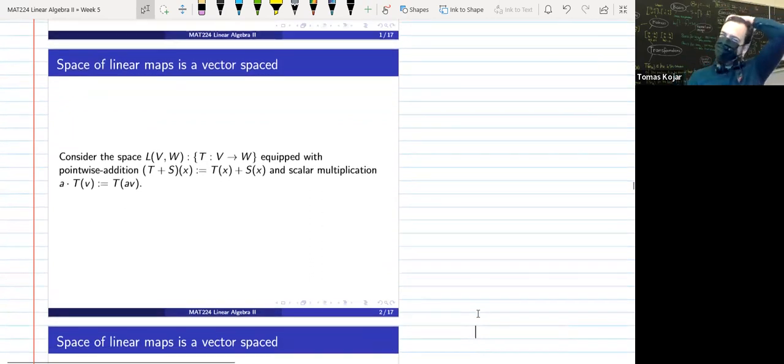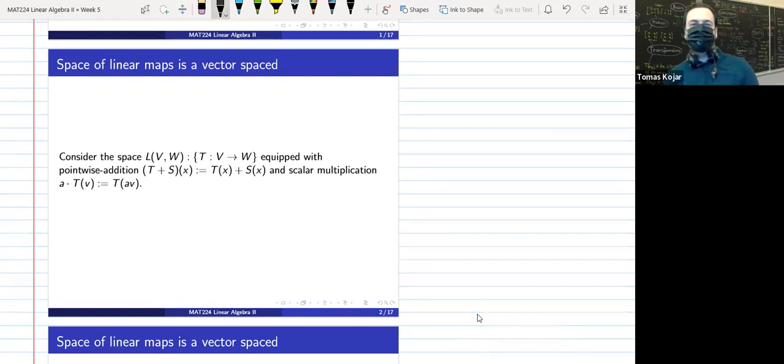Right. So to talk about inverse and compositions, we need to talk about the space of linear maps. We've talked about vector spaces. We've talked about linear maps. Now we're going to talk about the vector space of linear maps of vector spaces.